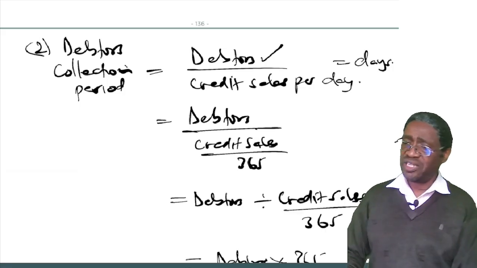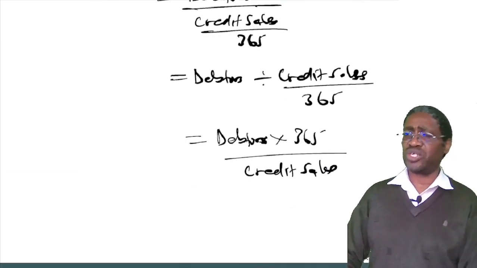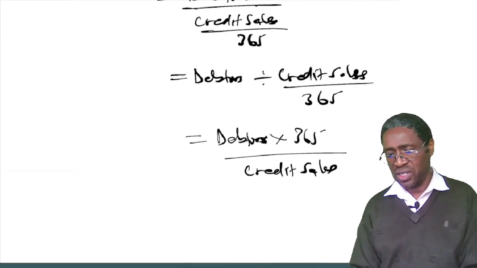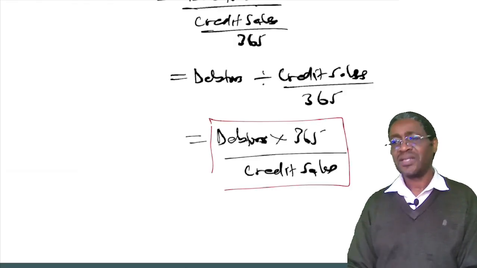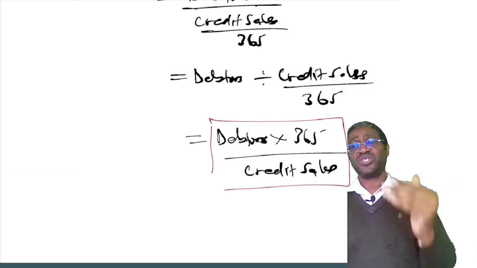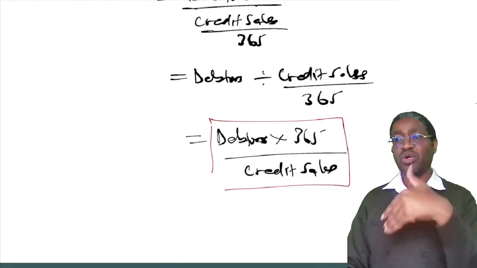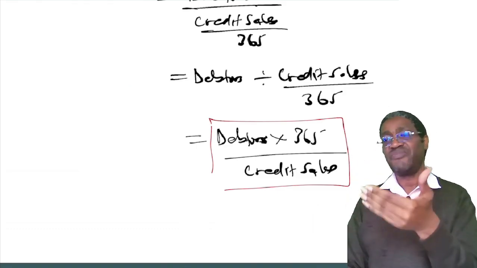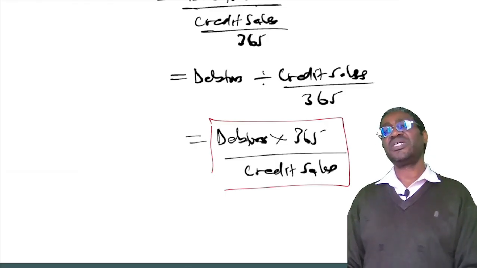That's why we are associating the debtors with the credit sales, not with the total sales. But the final formula for determining the debtors collection period is this: to get the credit sales per day, you take the debtors, multiply by 365, and divide that by credit sales.